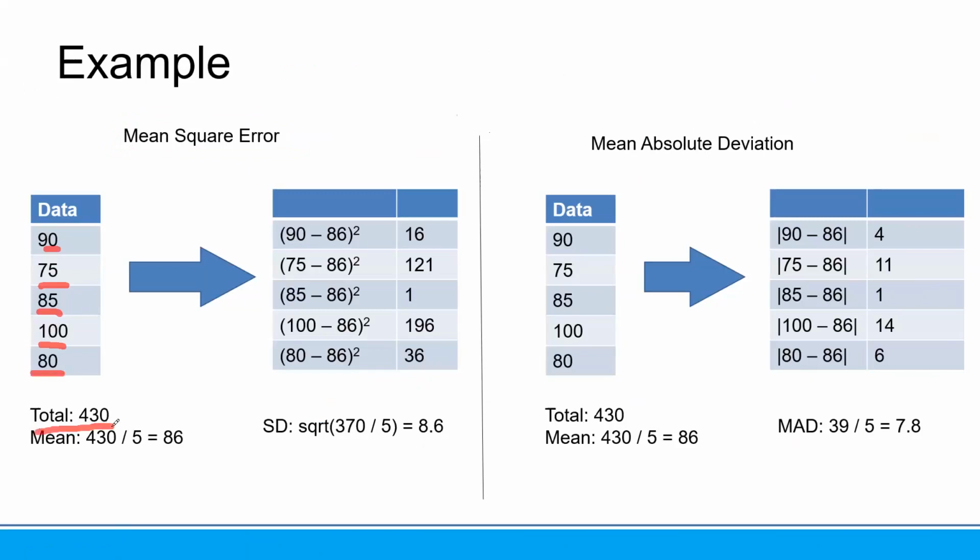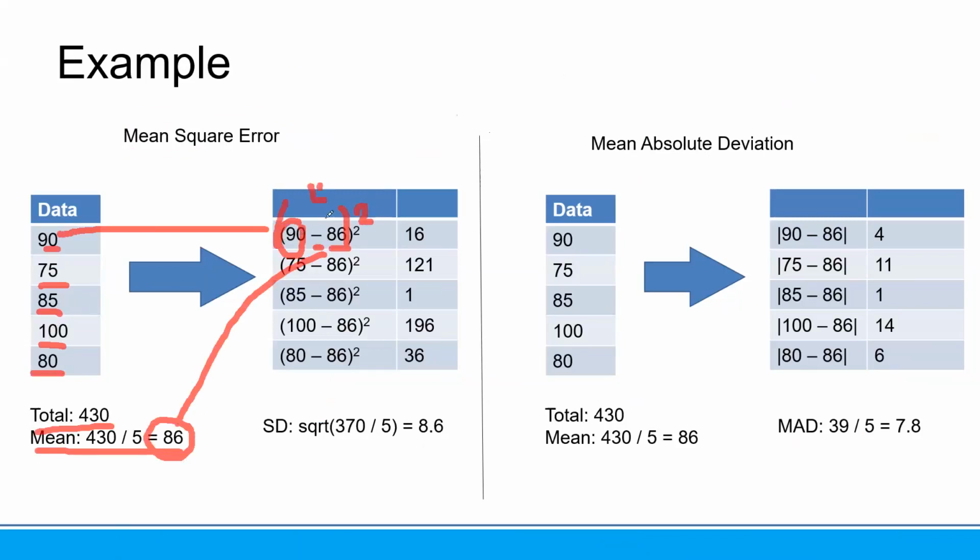The total will be 430, and then the mean is 86. If I want to see the error for every value, I will subtract 90, the original data, minus 86, the average, and then I will square it.